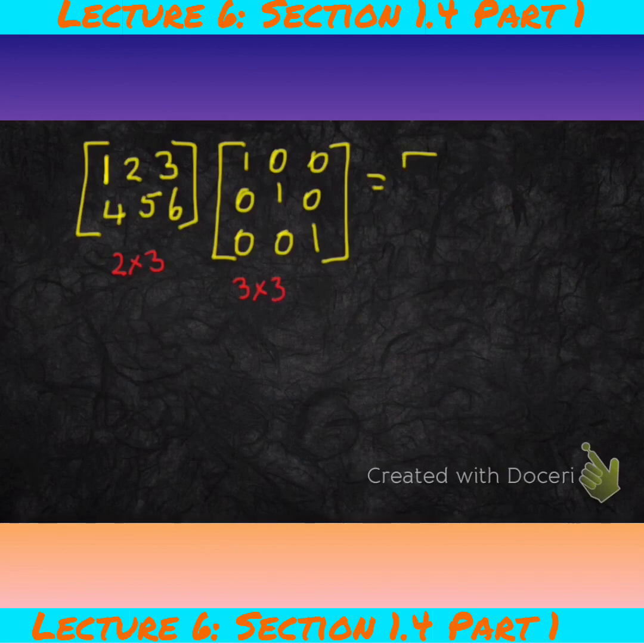So dotting the first row with the first column, we get 1. Dotting the first row with the second column, we get 2. Dotting the first row with the third column, we get 3.